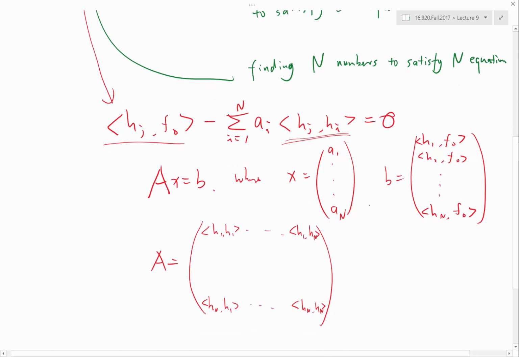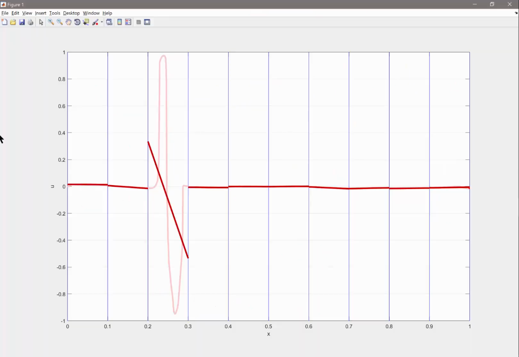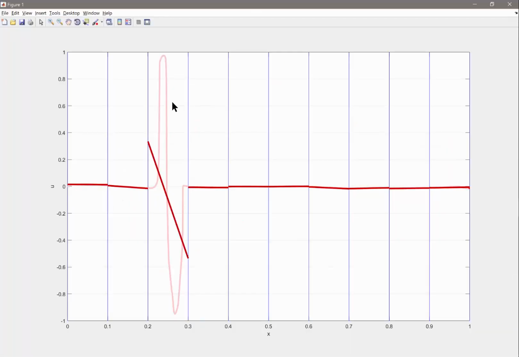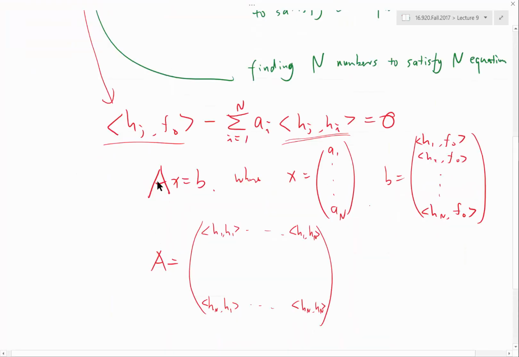All right, so what I need to do to accomplish this is I need to perform the inner products. I need to look at whatever function I draw. I need to compute the inner products of this function with my h's, right? I need to compute b_i, which is equal to the integration over whatever domain I have, f0 times h_i dx.